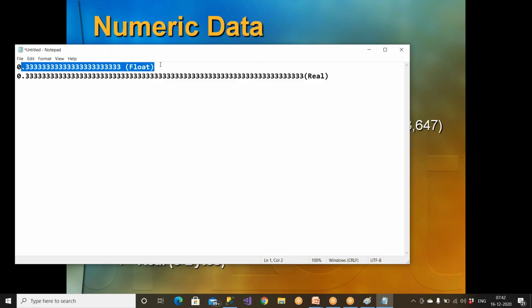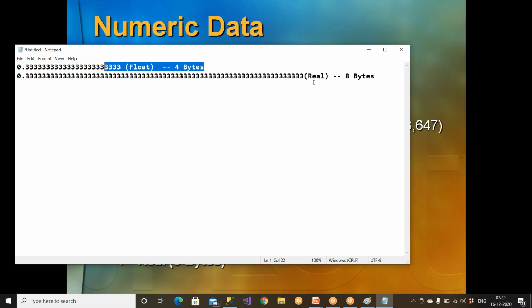Here it is only 4 bytes, so with 8 bytes it can store some more digits. So people would ask you what is the difference between real and float? Both of them store recurring numbers. Clear? But one takes more space and is more accurate, the other takes less space and is less accurate. That's it. If you want to store recurring numbers, they are called approximate numerics.